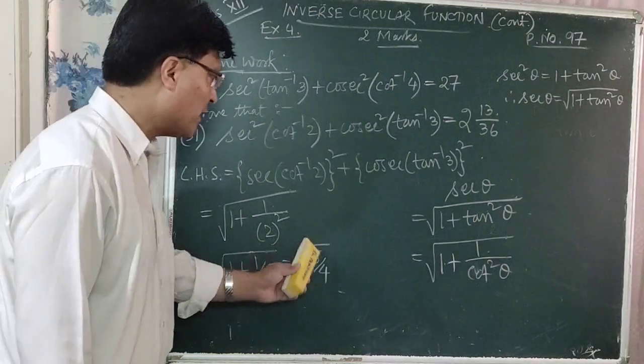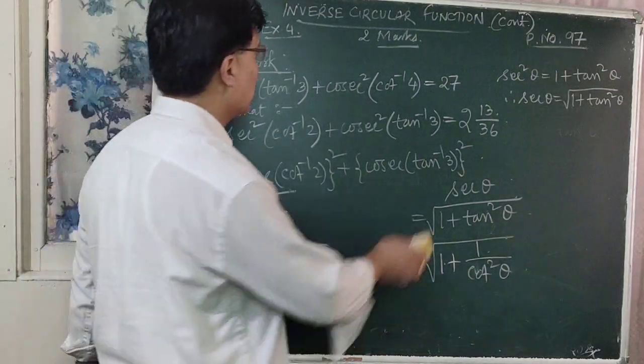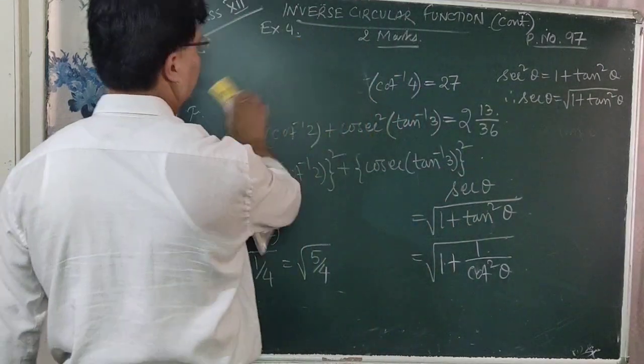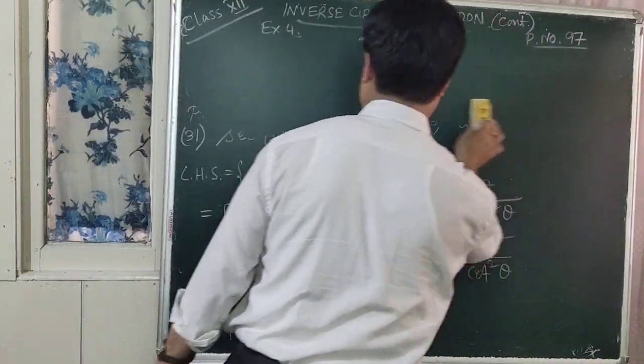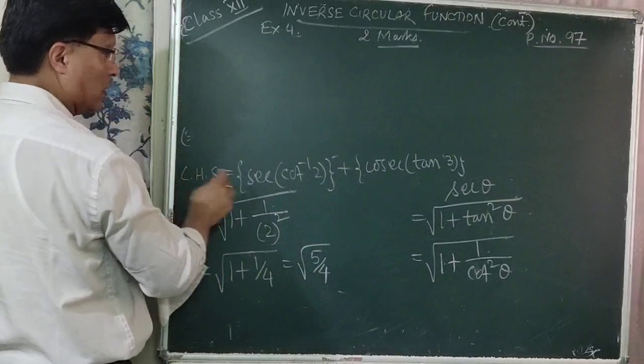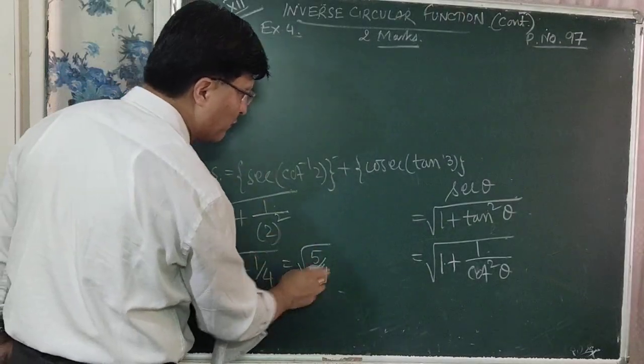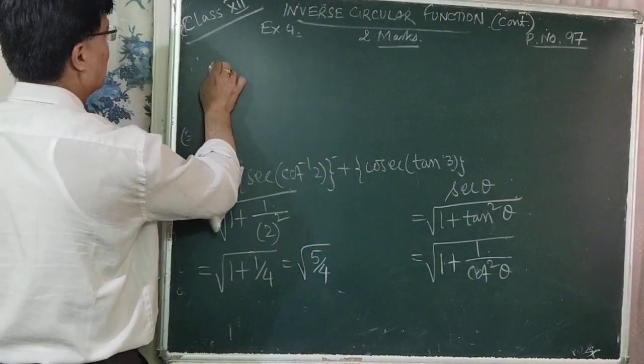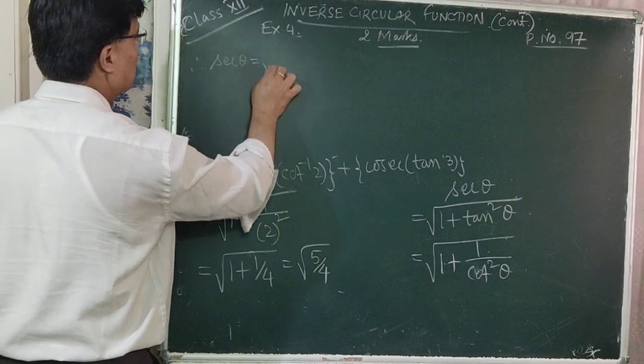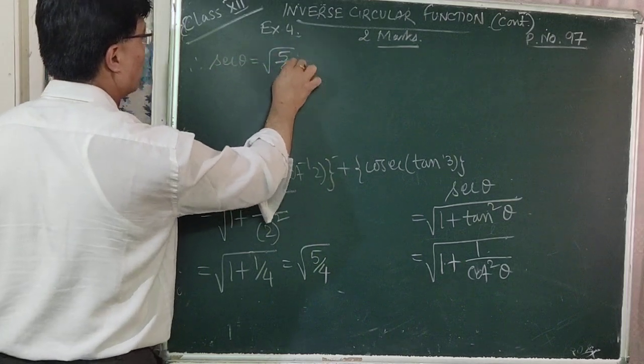That is root over 5 by 4 is the value for sec theta. Therefore, sec theta is equal to root over 5 by 4.